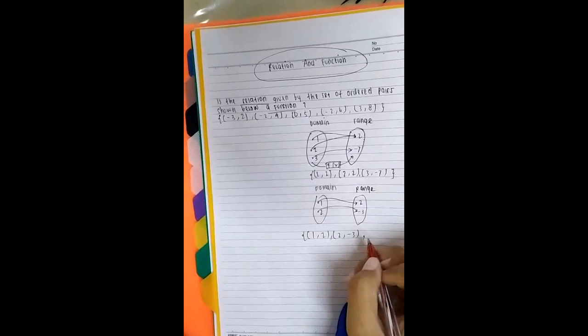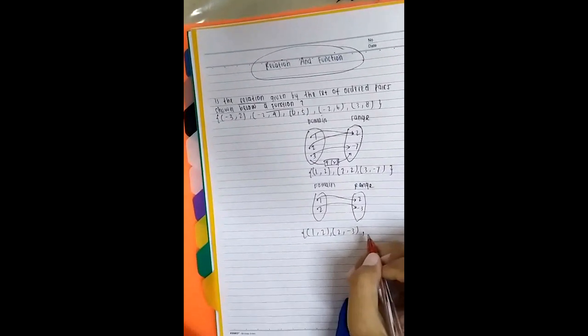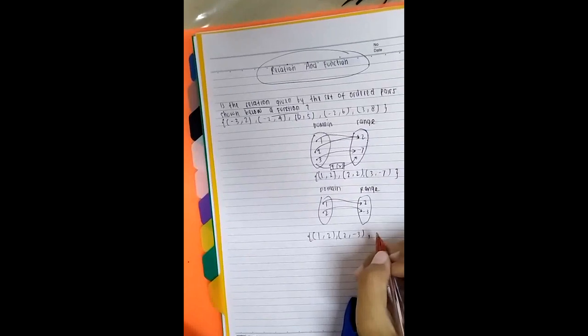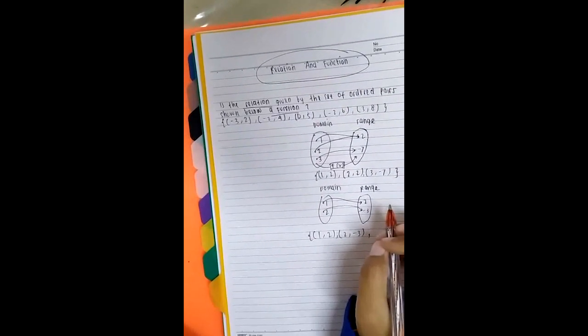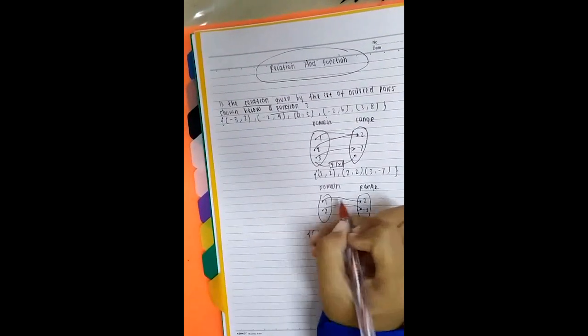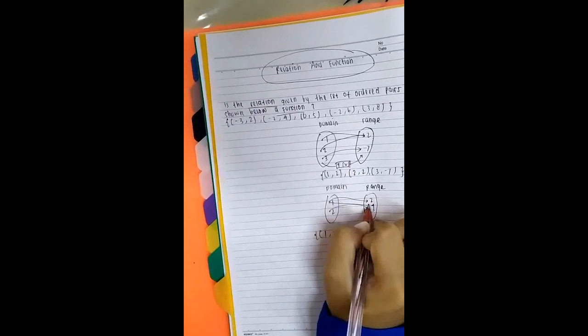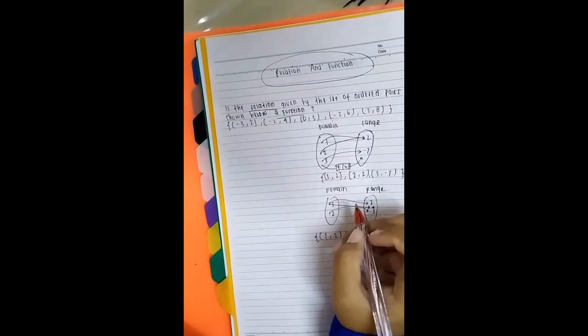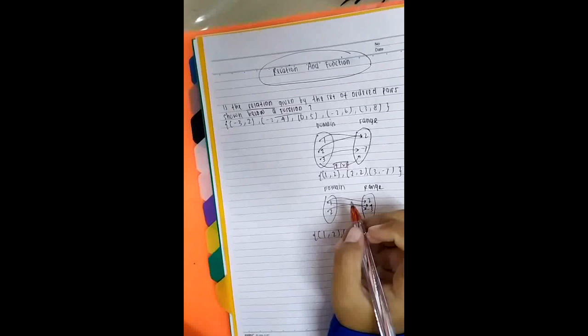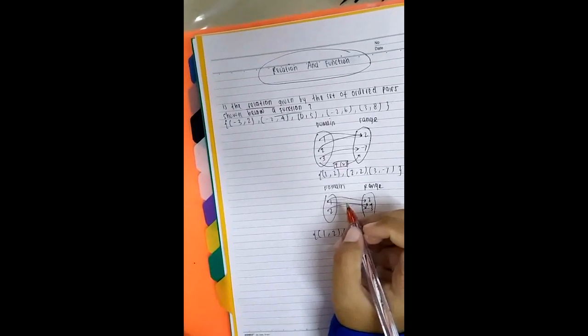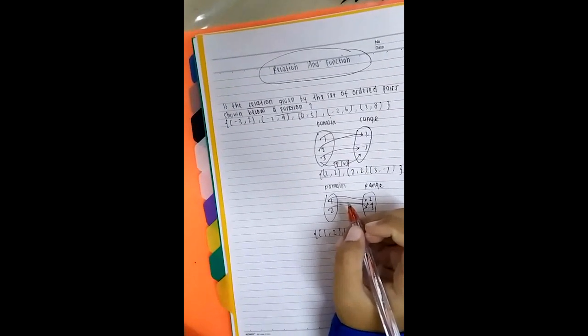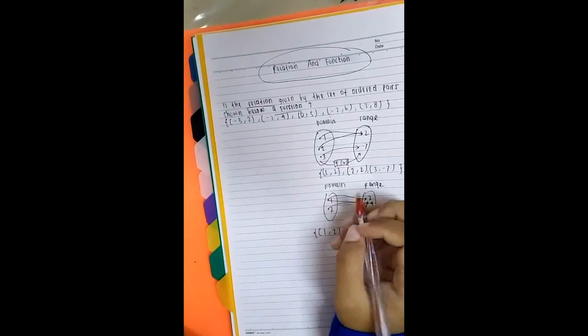And let's say on top of that we also created an association of 1 with the number 4.